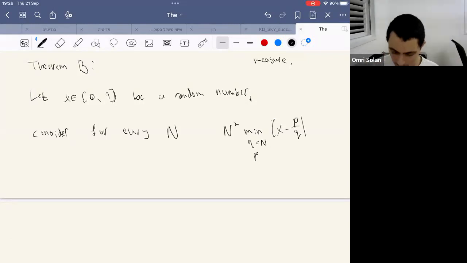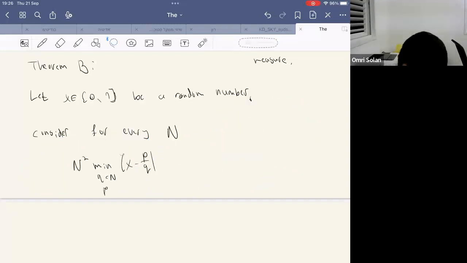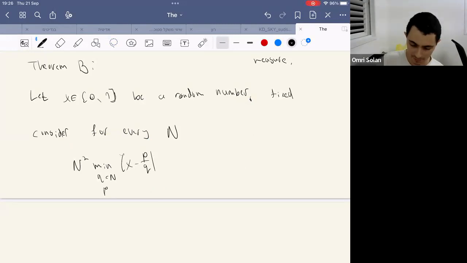And now I want to take this quantity for many different n's. I want to choose n at random. So now I think of x as random and fixed; it is not going to enter into the probability that I'm describing now.